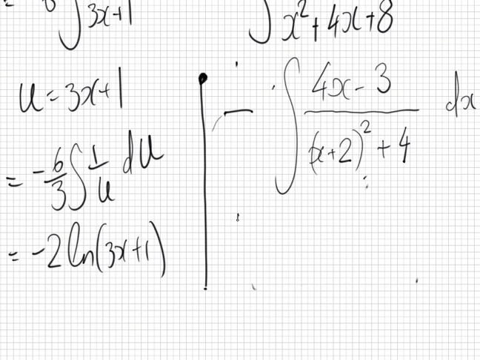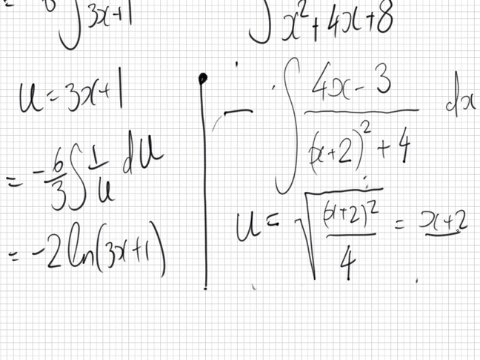Now I could try u equal to what? Do you remember what to do for this? The square root of x plus 2 squared over 4. Isn't that it? The first over the second. So that would be x plus 2 over 2.